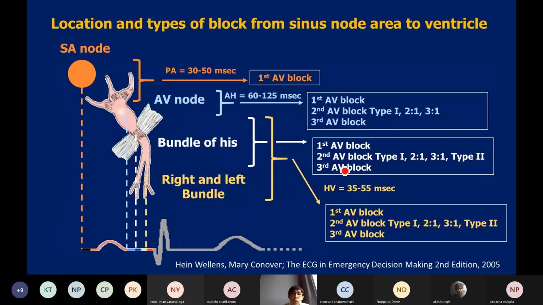If it is nodal, inside the AV node, the AH interval would likely be prolonged, more than 125 milliseconds. But if it is below the AV node, an infranodal block, the AH interval would be normal, but the HV interval would be prolonged, more than 55 milliseconds.